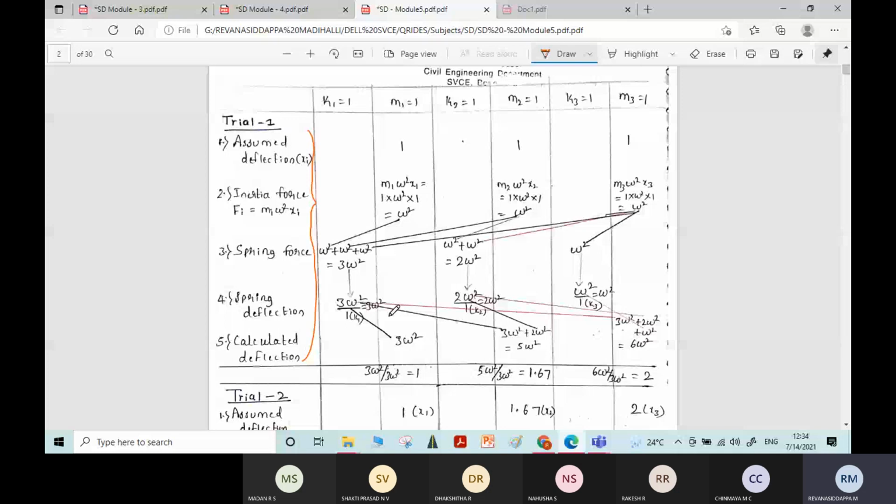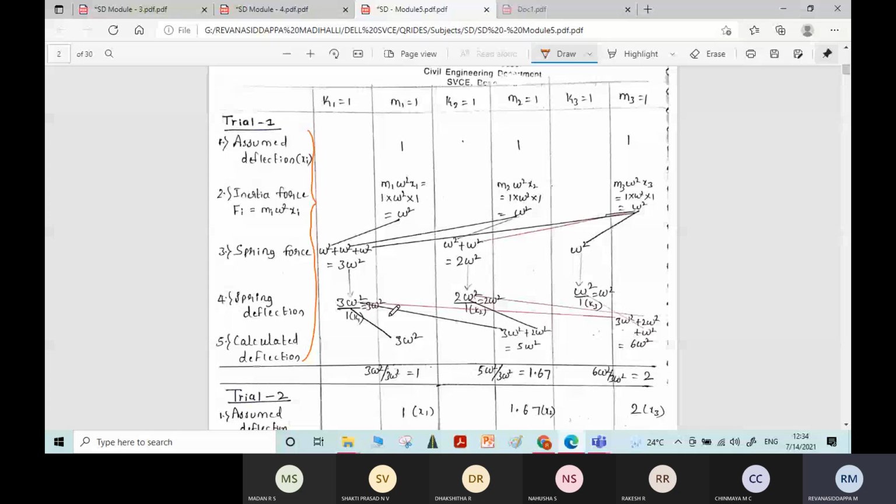Initially, we have to assume a unit deflection for all the masses. After assuming unit deflection, you need to calculate inertia force using this formula: mi omega square into xi.